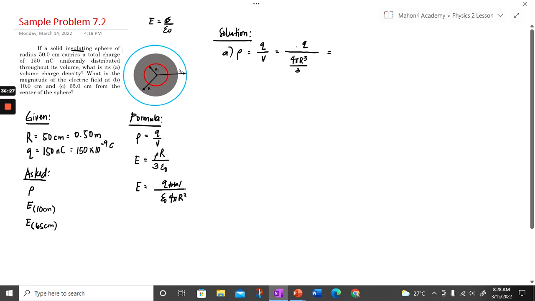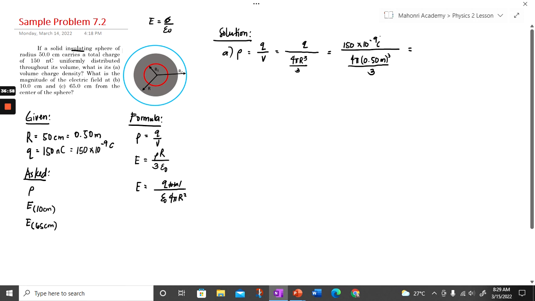your values. So your Q total is 150 nanocoulombs, so that is 150 times 10 raised to negative 9 coulombs, divided by 4 multiplied by pi multiplied by the radius r, which is 0.5 meters cubed, all of this divided by 3.